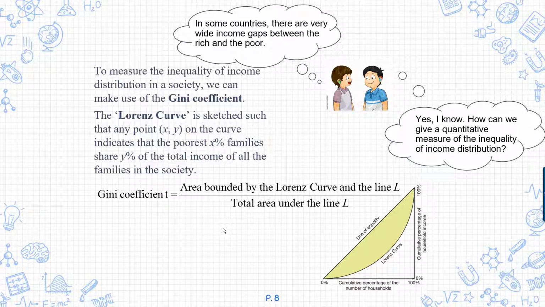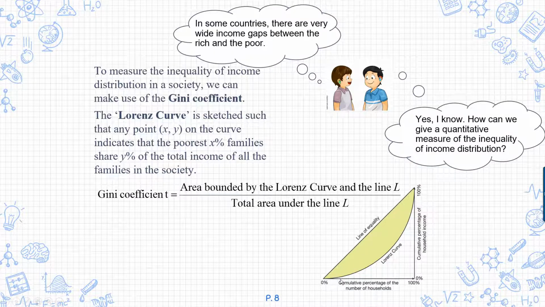The Lorenz curve is sketched for various points, where X% of the families have Y% of the total income of all the families in the society. Here the Gini coefficient is given by the area bounded by the Lorenz curve and the line L divided by the total area under the line.